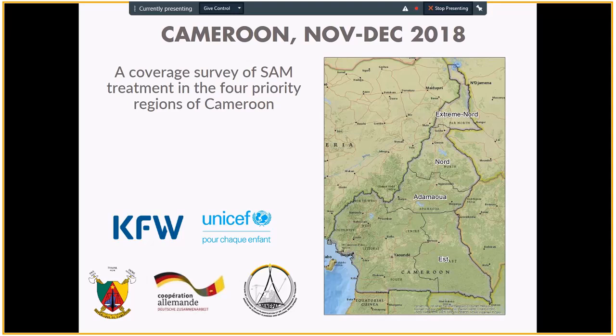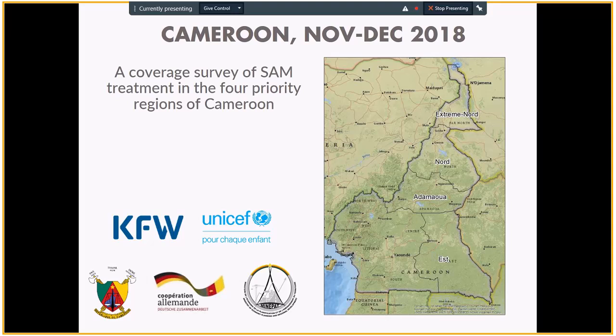But to cut a long story short, there's been a big fight recently between those in the English-speaking regions who want independence from the French-speaking regions, which has caused essentially close to a civil war. But I won't go into that now. I wasn't really conscious of any of this happening. It wasn't affecting me in Yaoundé when I was doing the preparations, so I didn't really have to worry too much about that. But in years to come, it might be. So yes. Thanks.